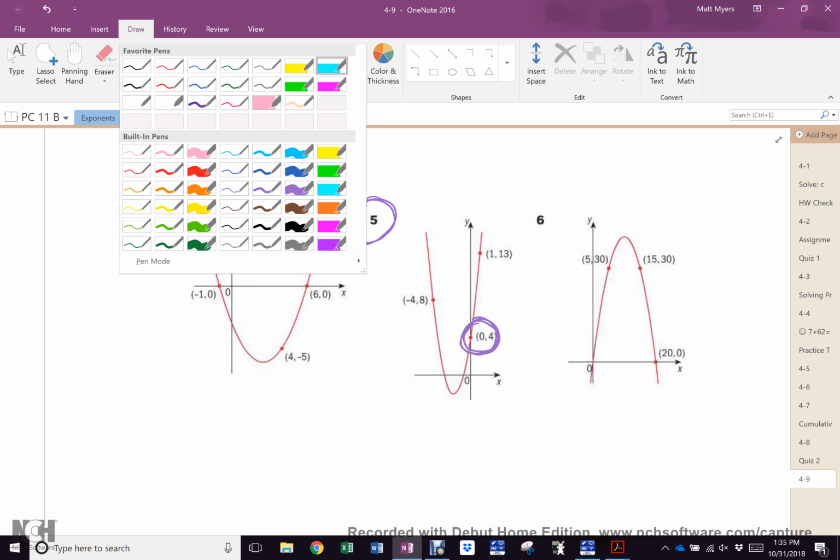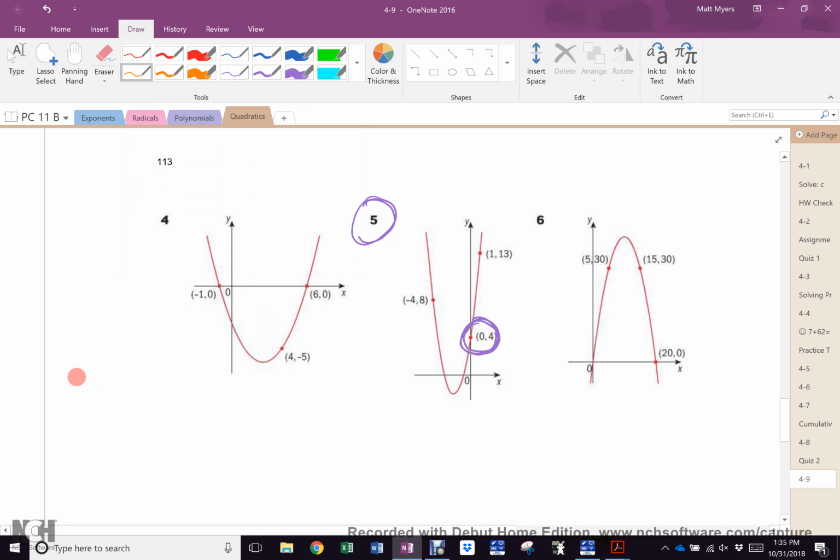Let's make 4 orange, shall we? y equals a(x plus 1)(x minus 6). y is negative 5 equals a(4 plus 1)(4 minus 6). Negative 5a times 5 times negative 2, which is negative 5 equals negative 10a. So a equals 1/2.